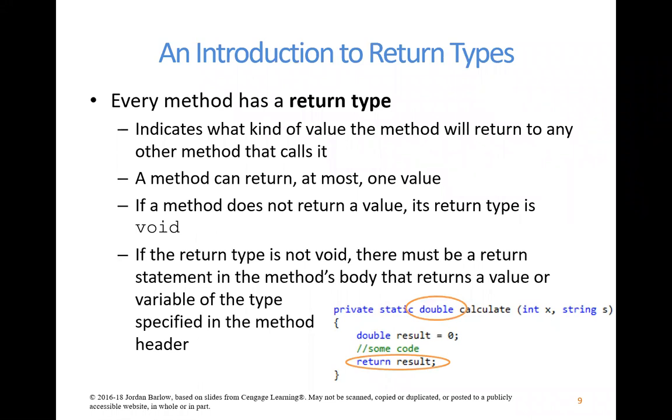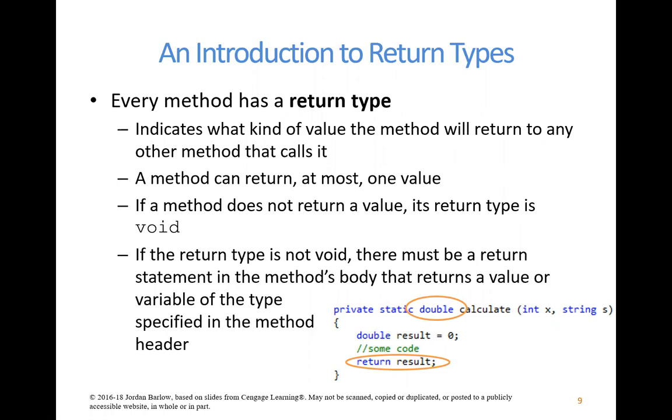Okay, next is the return type. Every method has a return type, and that indicates what kind of value the method will return to any other method that calls it. A method can return at most one value, and if a method doesn't return a value, then its return type is void. Back at the beginning of the semester, I told you to type static void main.